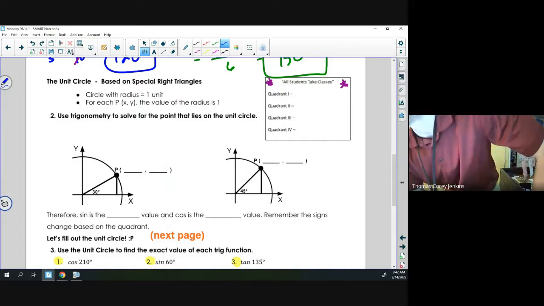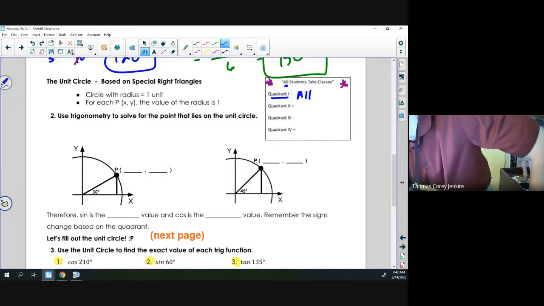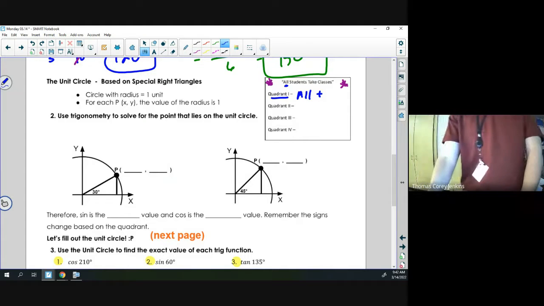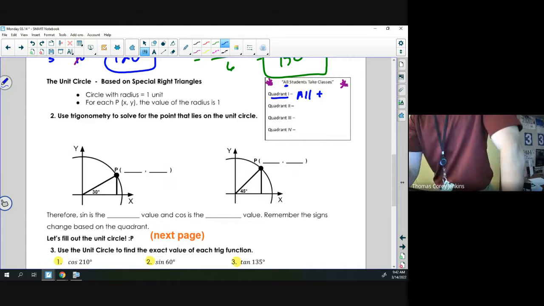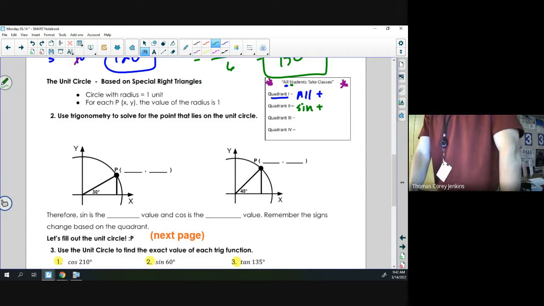All goes in quadrant 1. That's the whole word all. So all ratios, which is sine, cosine, and tangent, are positive in the first quadrant. Students, all we take from that is the letter S, which stands for sine in this case. So sine is positive in the second quadrant.